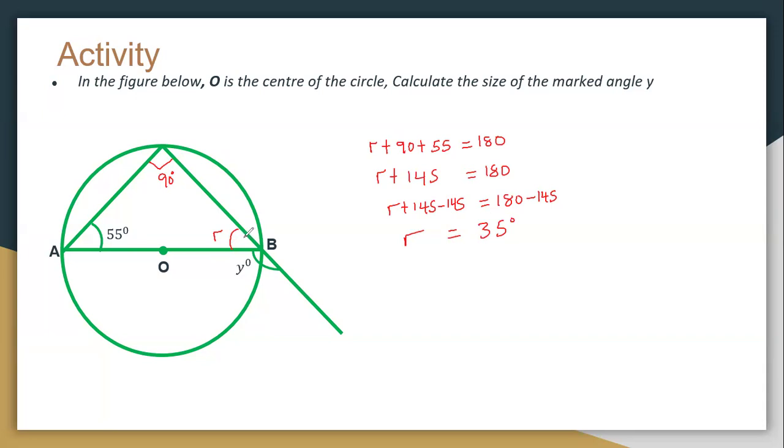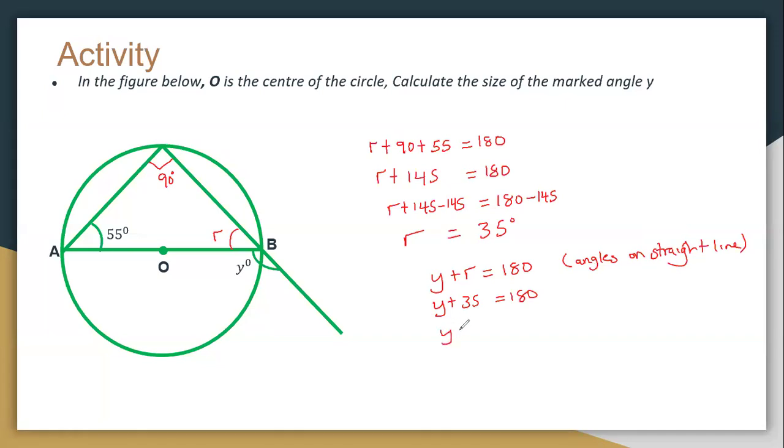Now we have Y plus R, which is 35, equaling 180. Angles on a straight line. Y plus 35 equals 180.